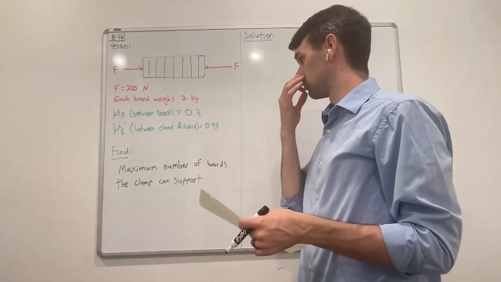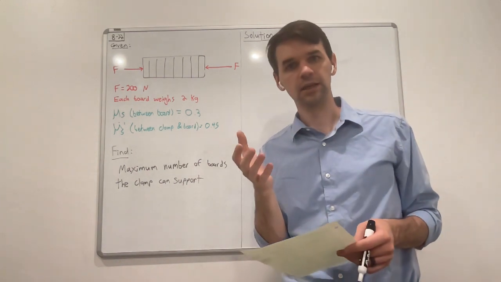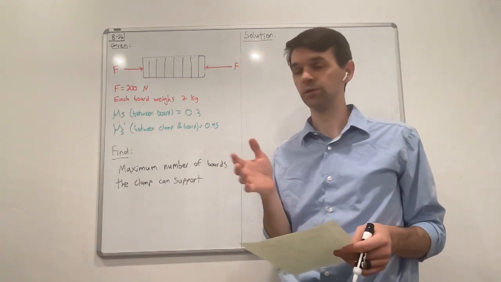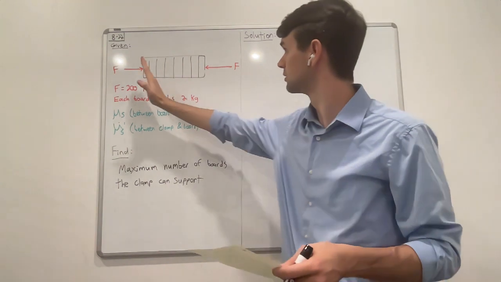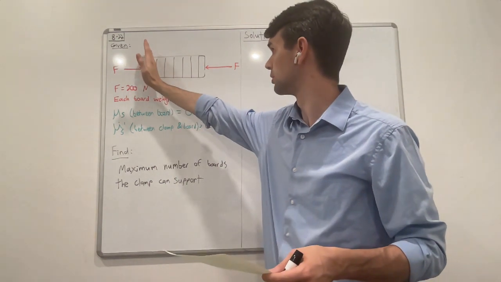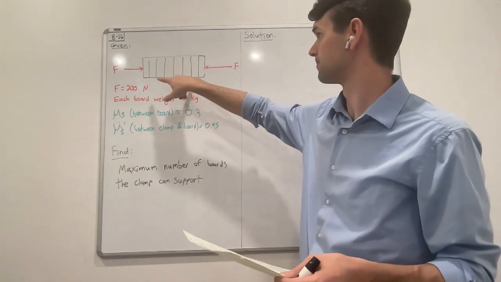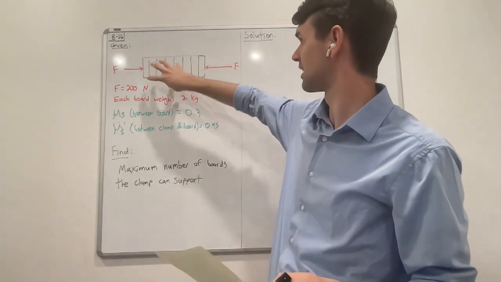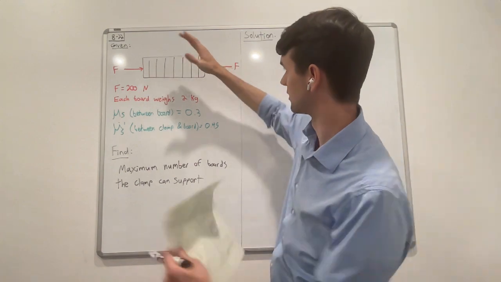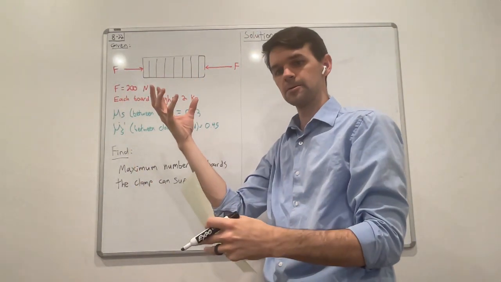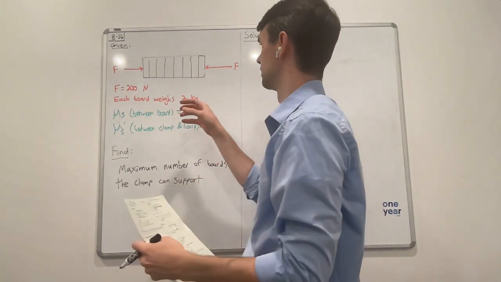Now in this problem, the obvious question is, where will the boards slip? Will it slip between the clamps, or will it slip between the blocks? The way to think about it is that everything on the interior of the point we're looking at, we can treat as one lump with a combined mass.